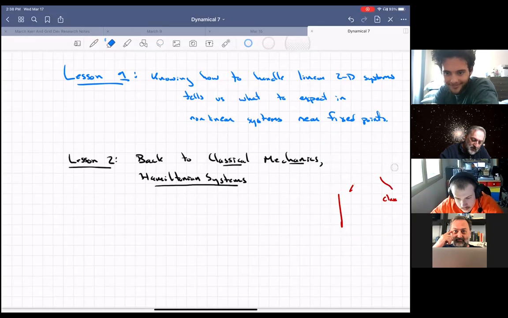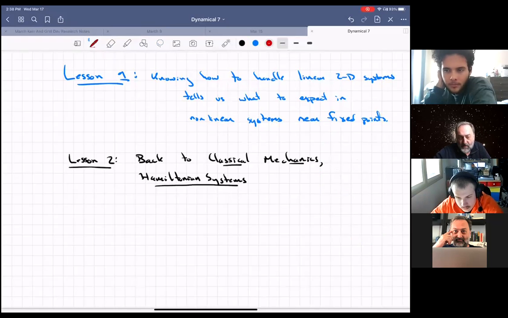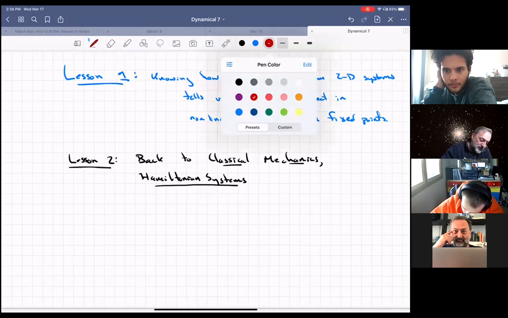So what I'm going to say, and I'll write this into the notes, is that nonlinear dynamics is a slightly bigger set of problems than traditional classical mechanics. Traditional classical mechanics systems tend to be Hamiltonian systems. And so Hamiltonian dynamics is a subset of nonlinear dynamics, but it's a kind of small subset of nonlinear dynamics.